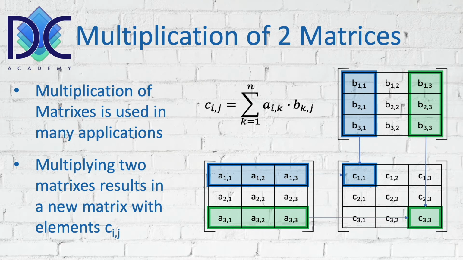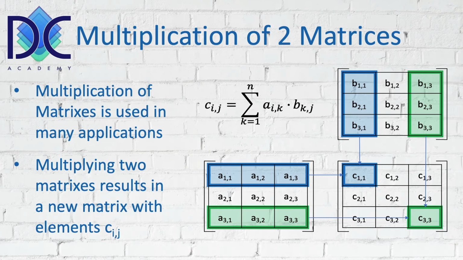So when we have a matrix which is m times n, we can only multiply it with the matrix which is n times k, whatever the last element is, and we will find a matrix which is m times k. So in this case here I considered two 3x3 matrices, so it's quite easy.